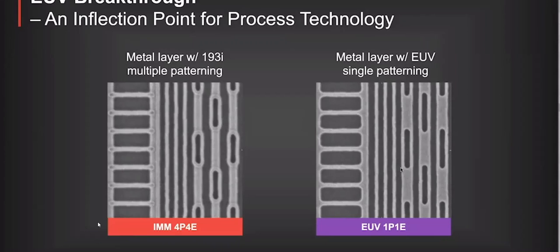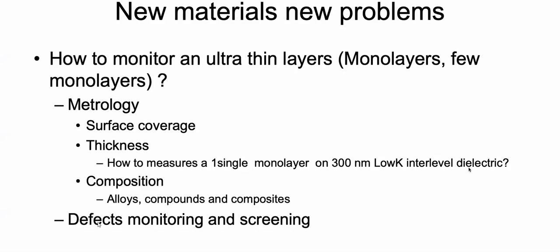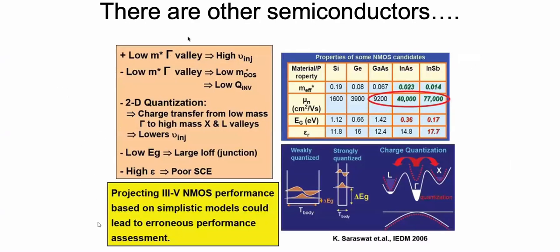There's no scaling here, but this is a technology that people will use for the 5 and 3 nanometer technology. So new materials is the problem: how to monitor ultra thin layers, how to do surface coverage, thickness, composition, defects monitoring, maybe using other semiconductors, but still silicon somehow is always the winner.